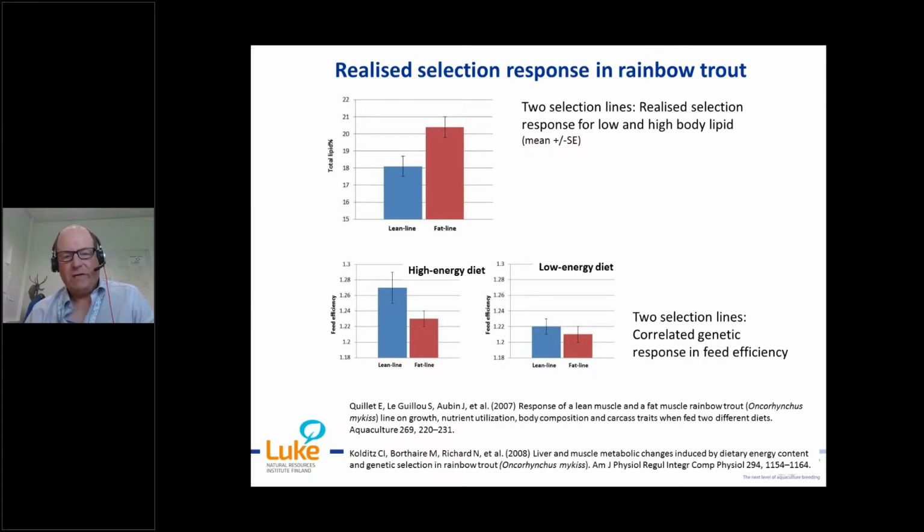And what they have shown is that in the lean line, especially on the high energy diets where typically the fast growers can express their genetic potential, feed efficiency is better in the lean line. And the feed efficiency is poor, so efficiency is low in the fat line. So this again indicates that lipid deposition, body composition, and feed efficiency are linked together.